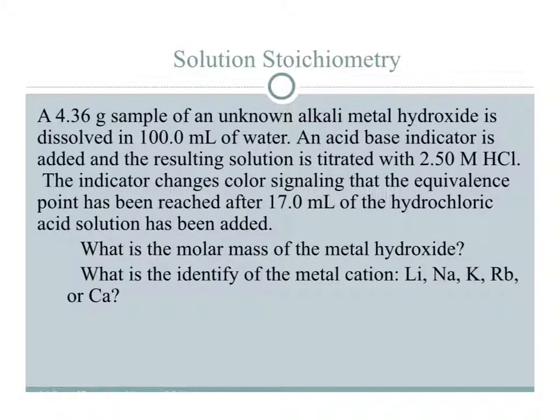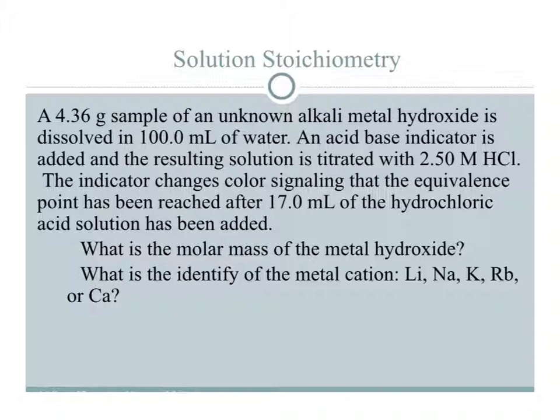A 4.36 gram sample of an unknown alkali metal hydroxide is dissolved in 100 mL of water. An acid-base indicator is added, and the resulting solution is titrated with 2.5 molar HCl. The indicator changes color, signaling that the equivalence point has been reached after 17 mL of hydrochloric acid has been added.